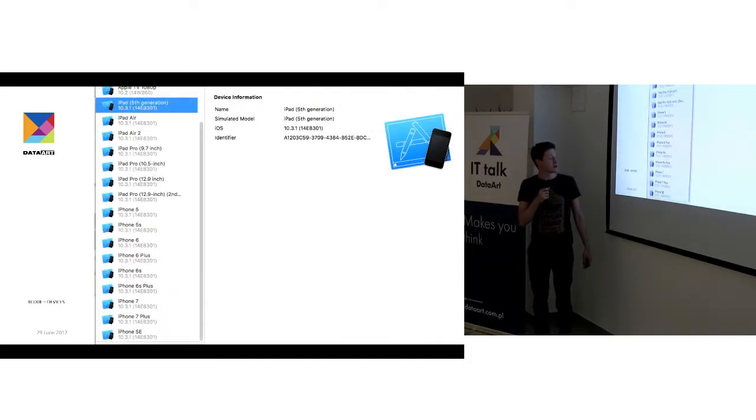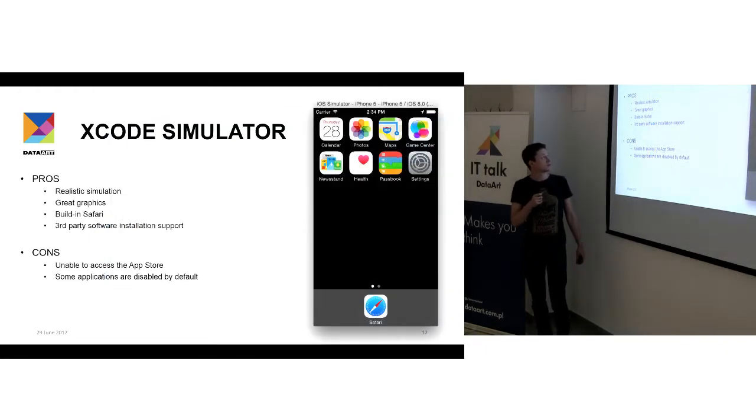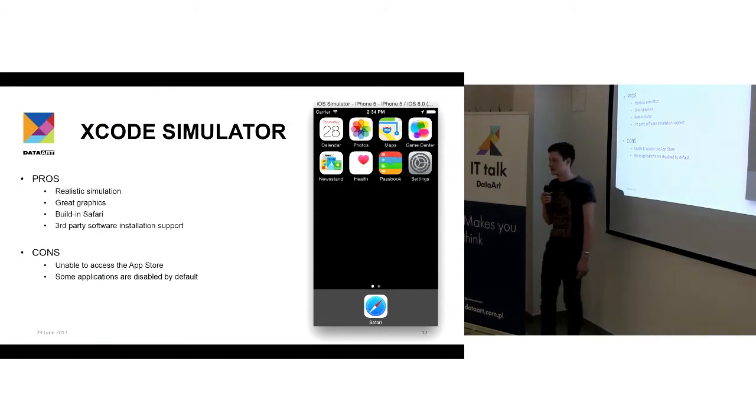As for the devices, it's a pretty huge list here. As you can see, all the devices that are produced and currently supported by Apple can be selected here, and the emulator can be installed using this device. So what about the advantages and disadvantages of this simulator?